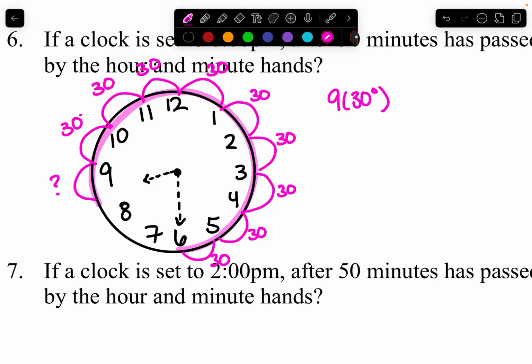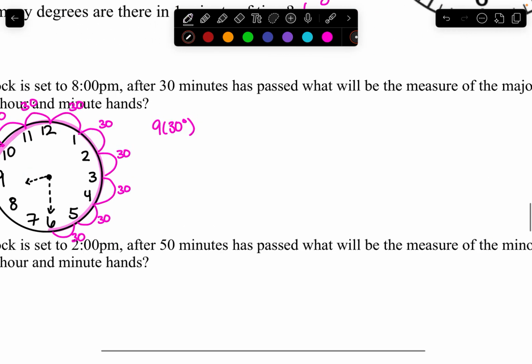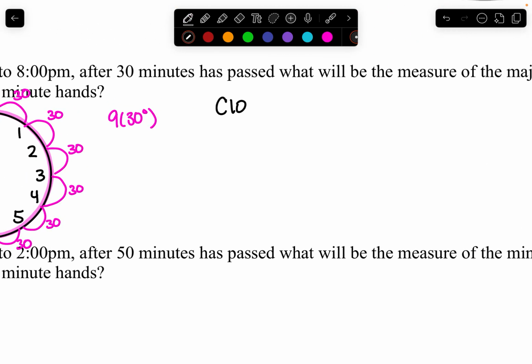What we need to figure out, though, is how far I have traveled from the hour hand, where I started at 8, to where I am between 8 and 9, okay? The easiest way to do that is this. We're going to set up a proportion, okay? In a clock, there are a total of 60 minutes, and we have traveled 30 minutes, right? Because we started at 8 o'clock, and then we went 30 minutes to 8:30.